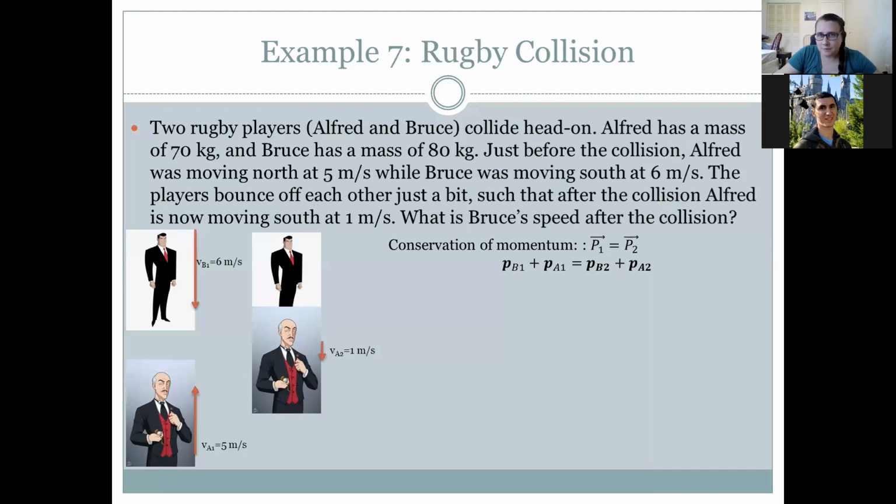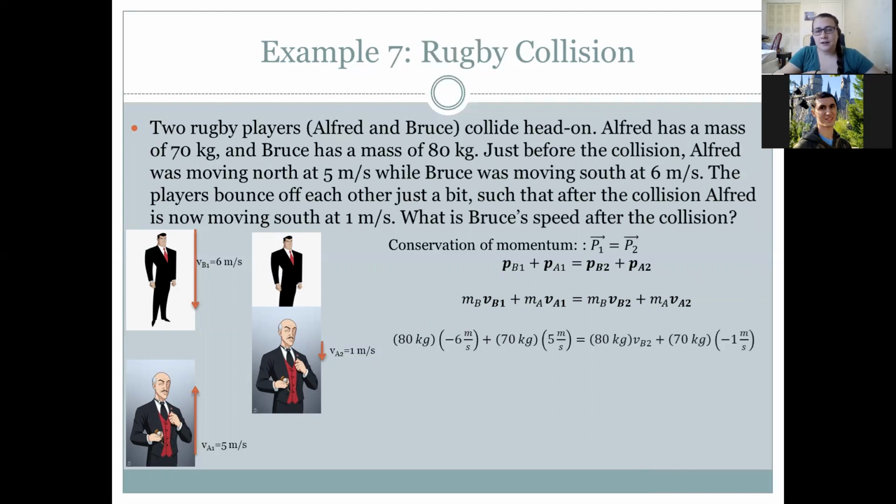Again, we don't really know what's happening with Bruce, so we're just going to put his momentum into there and see what's going on with him. So momentum, remember, is mass times velocity. So we get mass times velocity of Bruce plus mass times velocity of Alfred equals mass times final velocity of Bruce and mass times final velocity of Alfred.